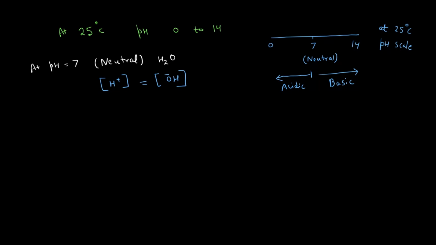So if we go less than 7, our H plus ion concentration increases. So at pH less than 7, we have an acidic solution, and our H plus ion concentration will be greater than OH negative ion concentration. We have more acid.